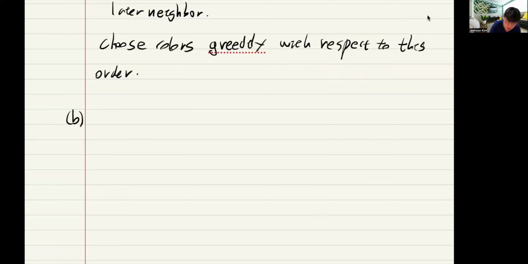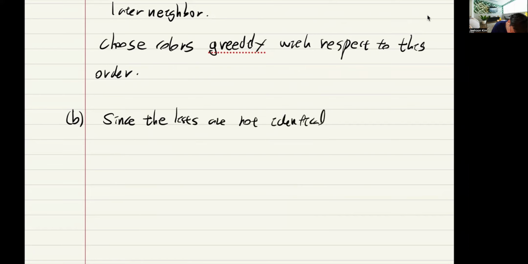And let's prove the second one, B. So what do we know? We assume that the lists are not identical, we know that two vertices have different lists.